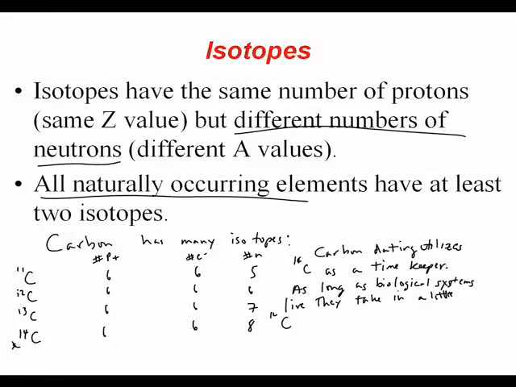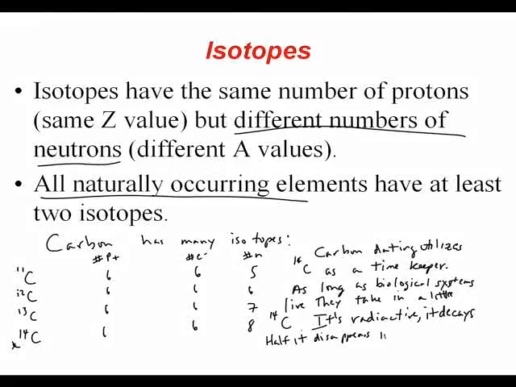It's radioactive, which means it decays. Half of it disappears in approximately 5,800 years. Okay?